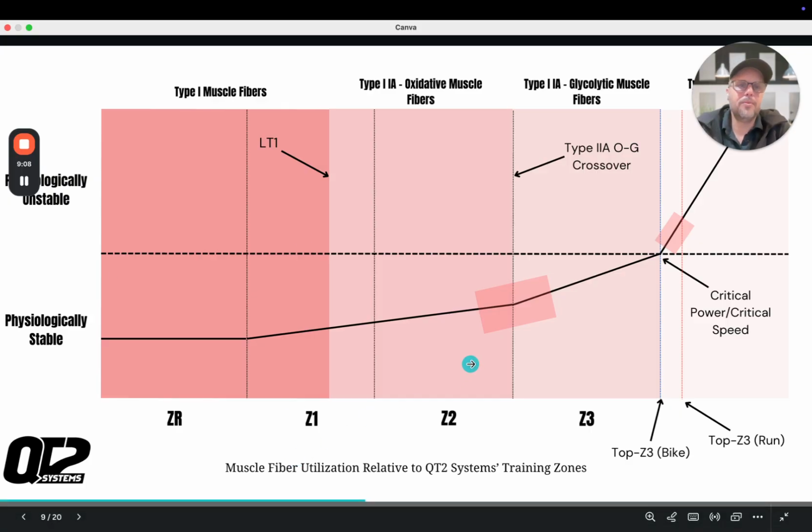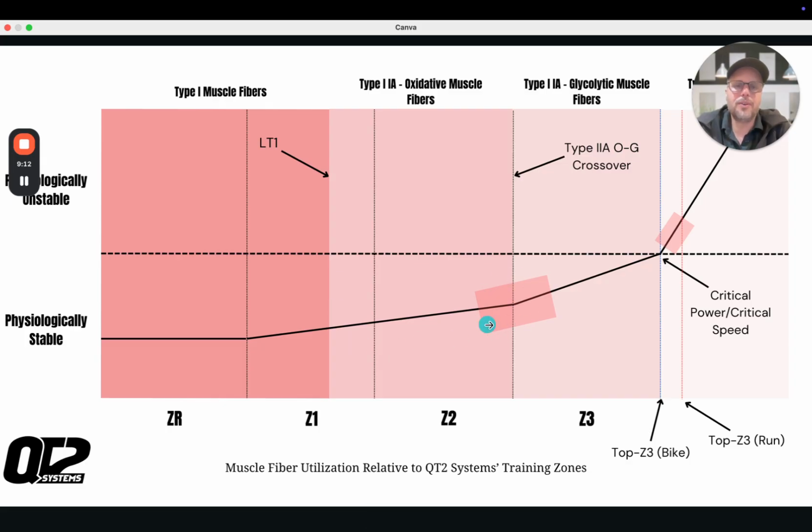And across the energy systems, this kind of work is mostly going to occur right in here, right at this type 2A oxidative glycolytic crossover point, where we are trying to recruit more type 2A glycolytic fibers to behave like type 2A oxidative fibers. This is the sweet spot work right here, energy system wise.